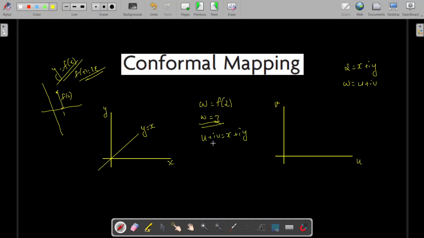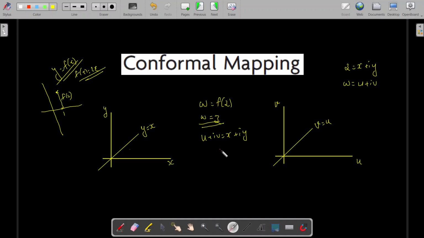So that means u is equal to x and v is equal to y. So the corresponding image of this line in the w plane becomes the line itself, having a slope of 45 degrees with the u axis, and this is actually the line v is equal to u.